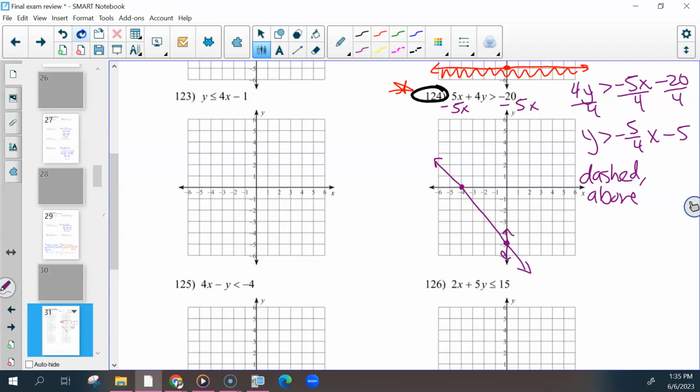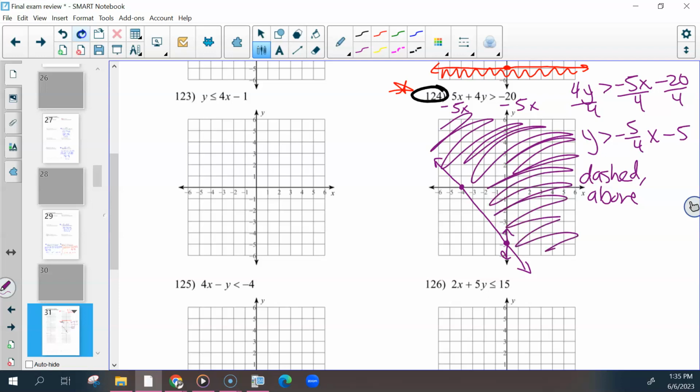Up would be above, down would be below, so this entire area is going to be above. And then next objective.